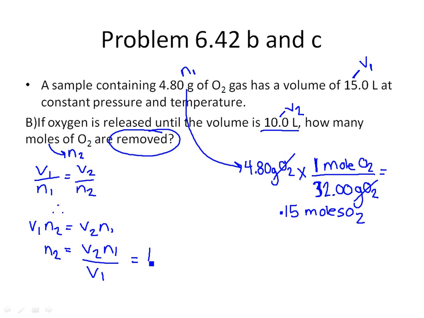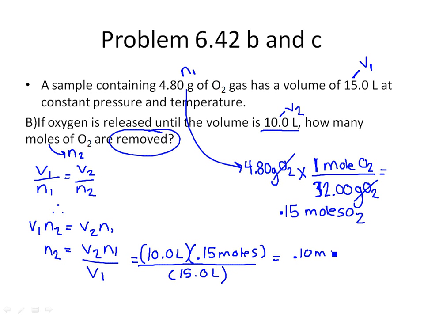So our V2 is 10 liters, our N1 is 0.15 moles, and our V1 is 15 liters. We're left with 0.10 moles. And this is how many moles we have after the oxygen is released.